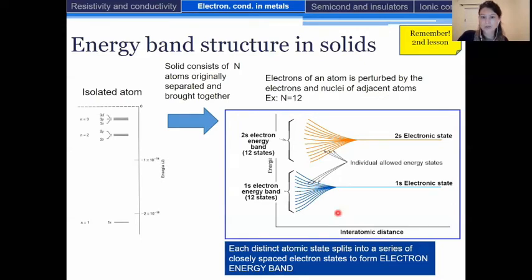Because if the equilibrium interatomic distance is, let's say, here, the electronic state 1s won't be disturbed, whereas the 2s will be. So each distinct atomic state will be split into a series of closely spaced electron states, but they remain discrete electron states.